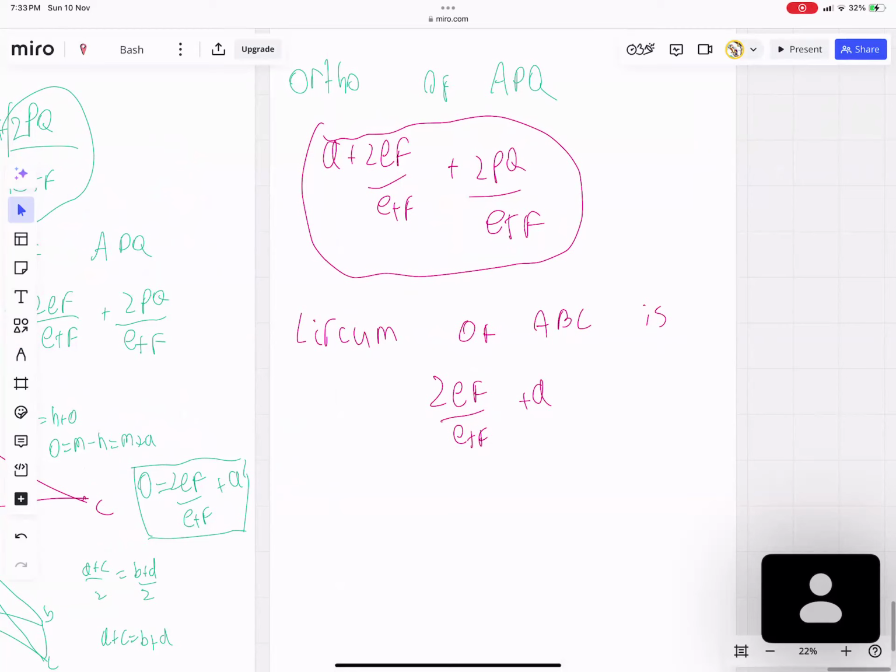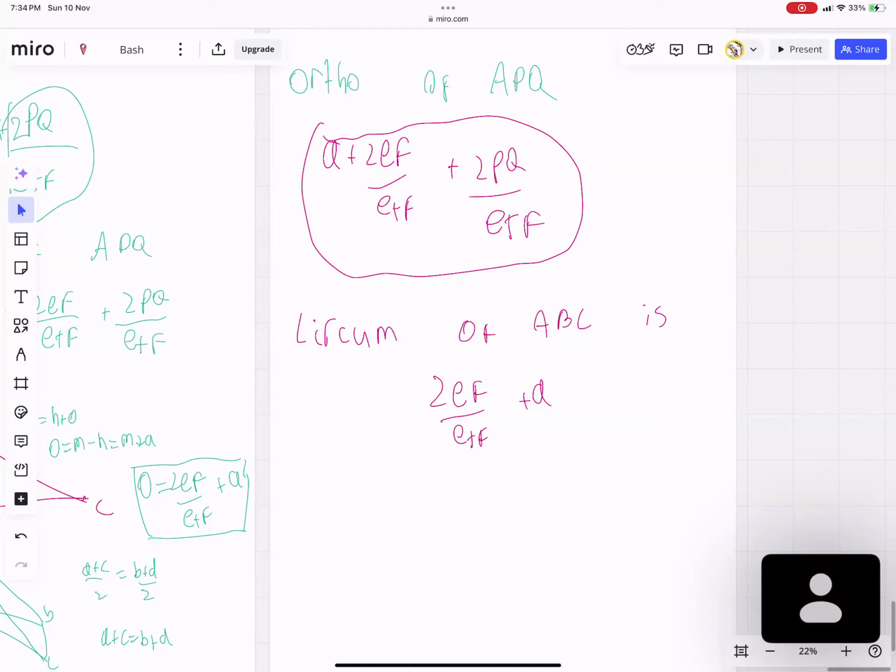So does anyone see how to finish up here? I mean, the distance from O to the orthocenter of that triangle could be equal to OA.